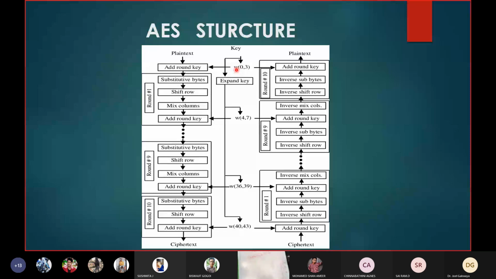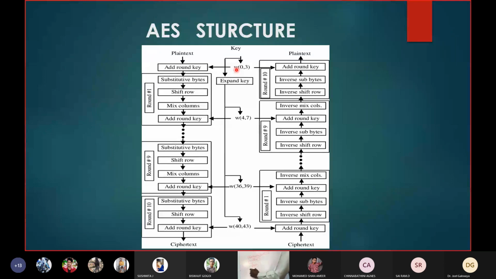When we add this key, we come to sub byte. It's going to have a second step, the sub byte, and this sub byte is going to go to the shift rows. Shift rows is going to be followed by the mix column.